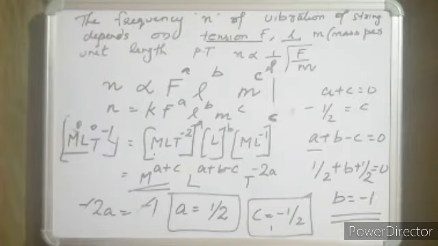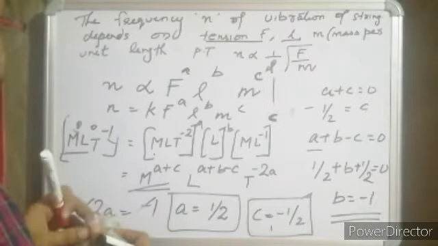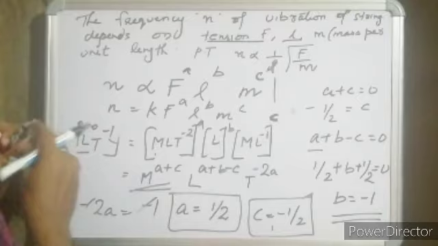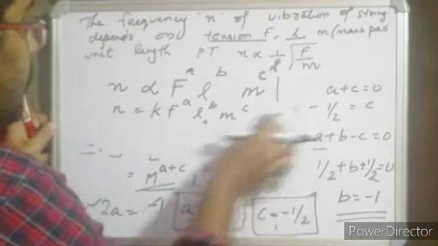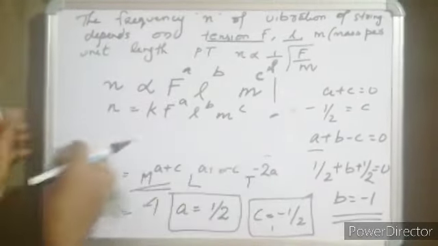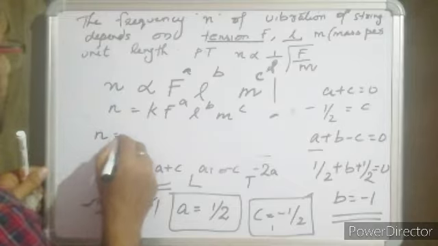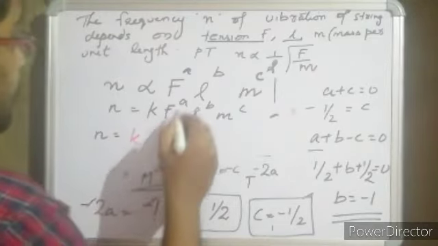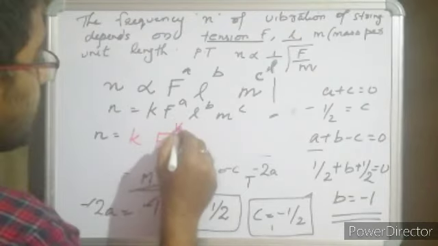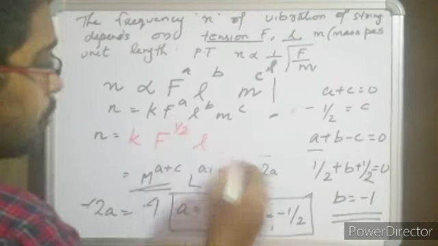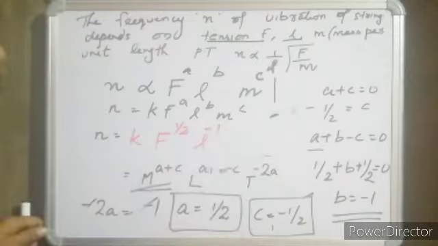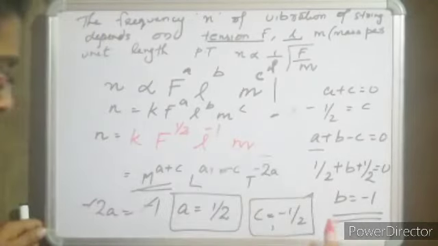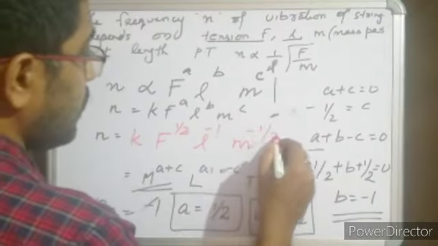Now I can write the equation. N is equal to K into F to the power A, so F to the power 1 by 2, L to the power minus 1 and M to the power minus 1 by 2.